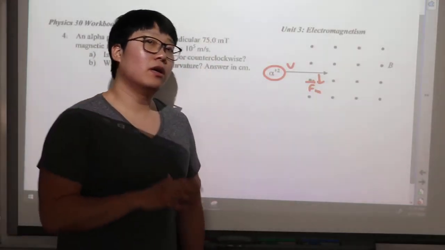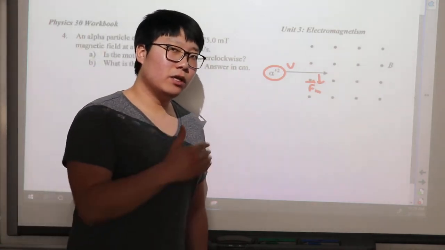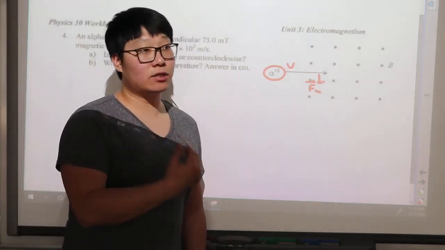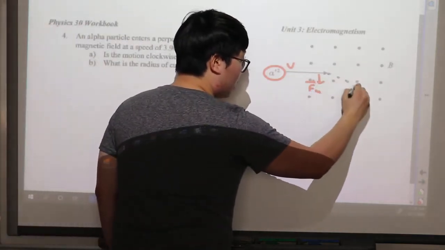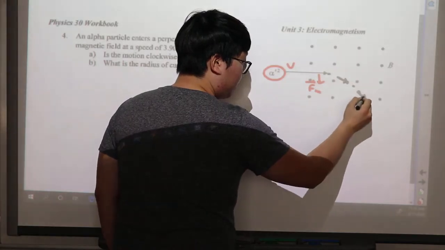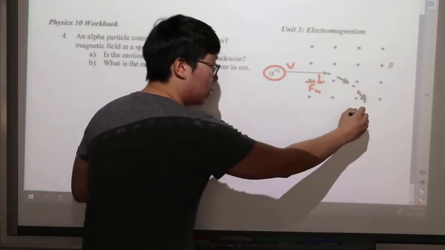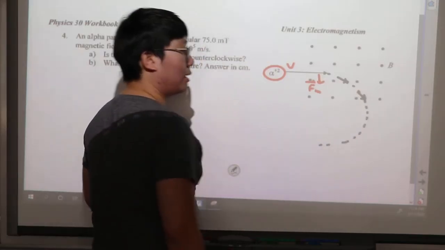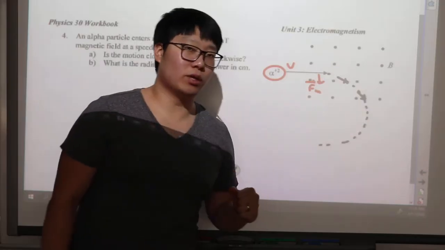Now remember folks, for a moving charge in an external magnetic field, you experience circular motion. So it is a good idea to predict the motion that goes like that. Imagine making a circle, assuming that this magnetic field is continuous.